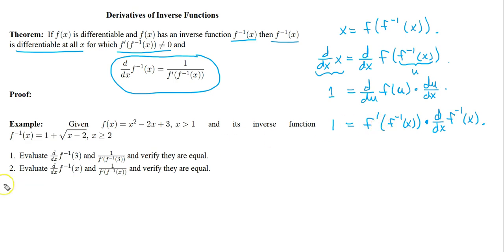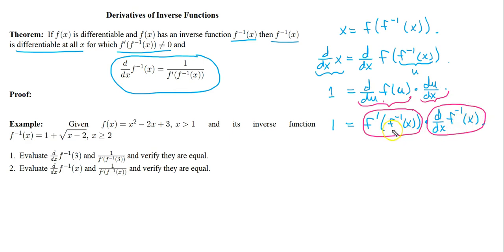So here, this piece right here, this is just a rewrite of this term right here. d du of f of u is f prime of u. The u is f inverse of x, remember. And this piece right here is just the du dx.